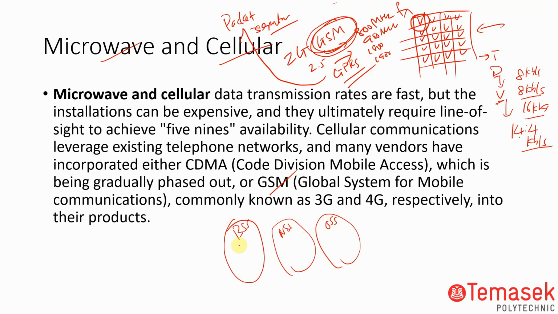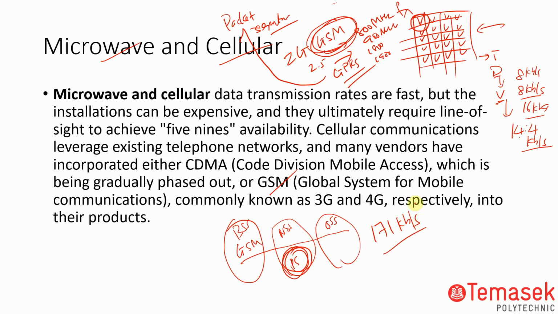So 2G GSM has this whole lump, but everything is analog. The GPRS part has a packet separator over here, and that allows you to boost the bandwidth to a total of 171 kilobits per second.